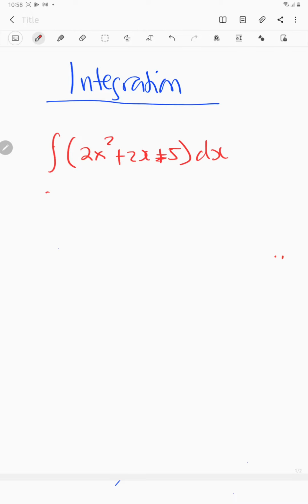What you normally do is integrate each one independently. So the integral of 2x squared, plus the integral of 2x, minus 5 times the integral of dx.